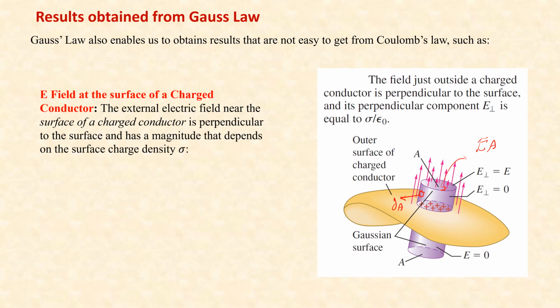On the surface here, dA is in the same direction as the electric field. The argument goes the same way. E times A becomes the total charge in here, which is sigma times the area. So we get E times A, the total flux, equal to sigma A, total charge, divided by epsilon naught, and then A cancels out. E becomes sigma over epsilon naught.